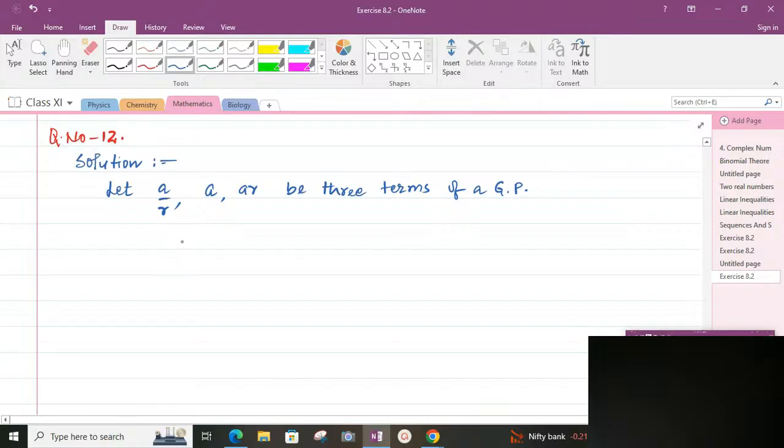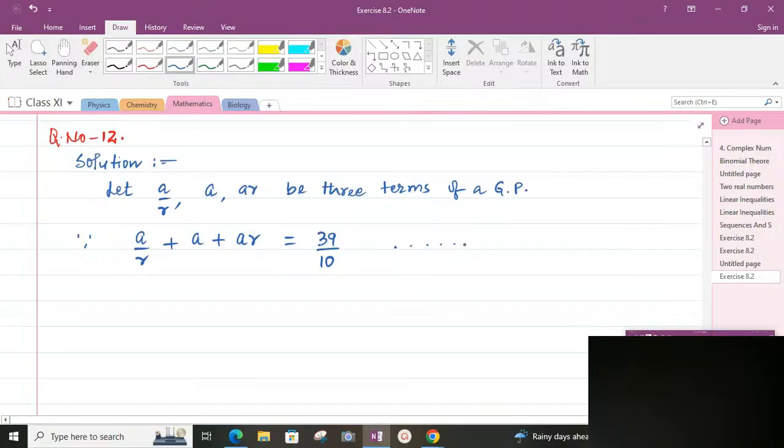Now according to the question, the sum of first three terms of a GP is 39 by 10. Therefore here will be a by r plus a plus ar equal to 39 by 10. Hope that there is no problem to understand up to this step.